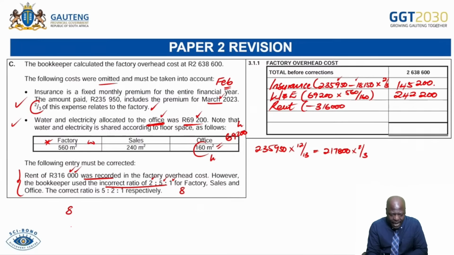So the total would be an 8, and the rent in the factory overhead. All right? And then we now know that the factory was getting 2 because we are told here 2:5:1. So the factory gets 2, the sales get 5, and the office gets 1. So we want the 8, the total, but we have been given the 2, which is the factory overheads, and we multiply by 316,000. And we say equals to.